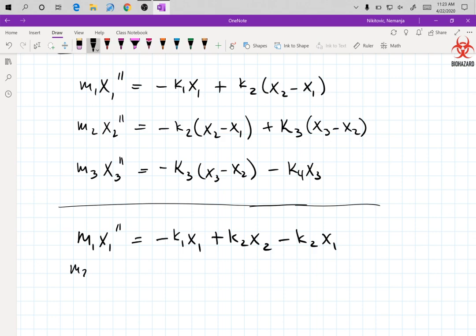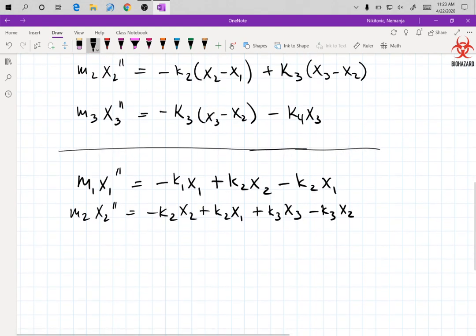Now we have mass 2 x2 double prime is equal to negative k2 x2 plus k2 x1 plus k3 x3 minus k3 x2. By the way, all this mess is just 4 springs. Keep that in mind as we go.